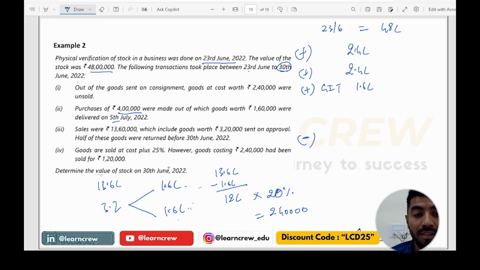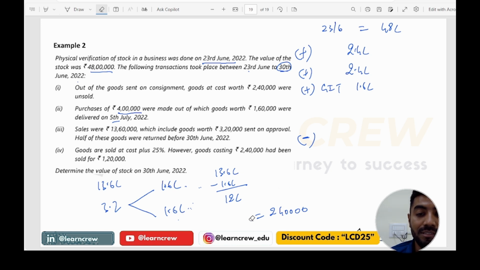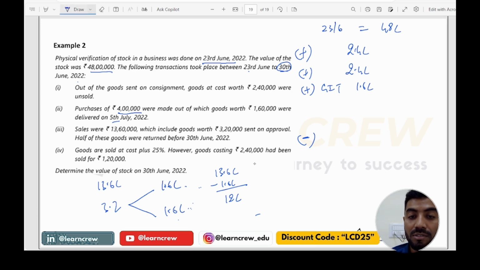But here one more thing we need to mind. The actual sales is 12 lakh. But we can also notice that goods are sold at cost plus 25%. However, goods costing 2,40,000 have been sold for 1,20,000. So this 12 lakh sales includes 1,20,000.